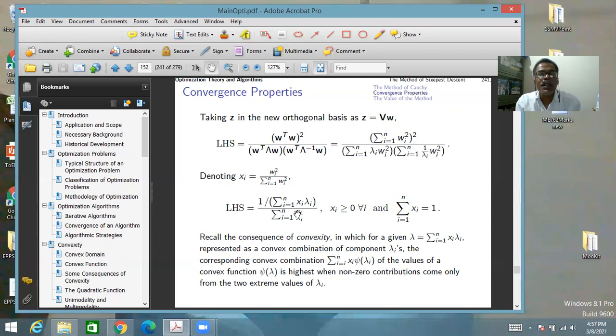Okay. So that old result on convexity we now apply here on the convex function 1 by lambda. Now you see this 1 by lambda is here and lambda is known. Okay. So when you put that lambda, the question is, how do we break it in several components, x1, x2, x3, x4? So this thing, which is this sum, will be maximum when you take only the components from the last two elements, lambda 1 and lambda n, lambda max and lambda min.